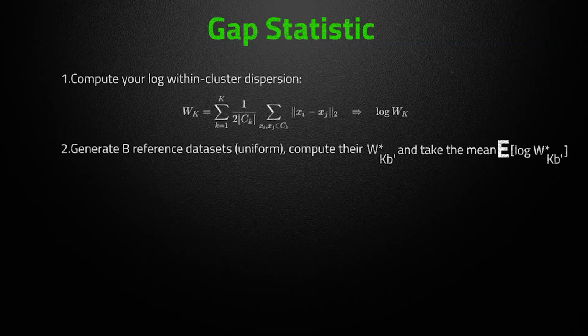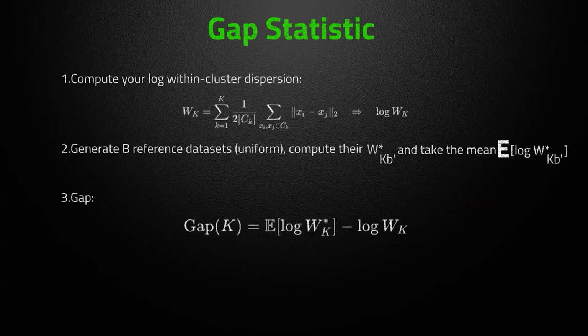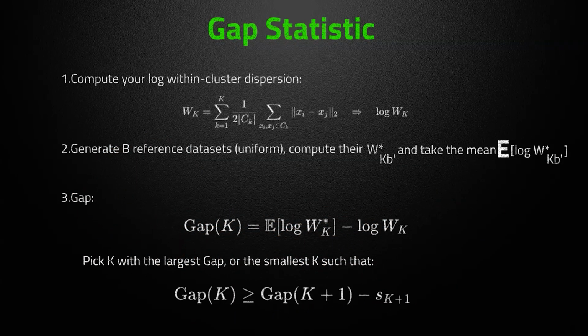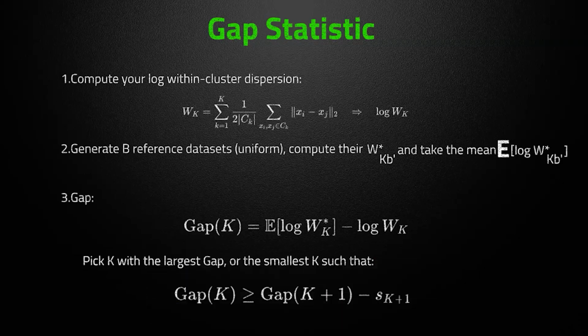And then essentially you calculate the gap and pick the k with the largest gap or the smallest k using the criteria shown on the screen. So this is a great sanity check against seeing clusters in clouds, but it does need multiple simulations. So it's all right for offline analysis.